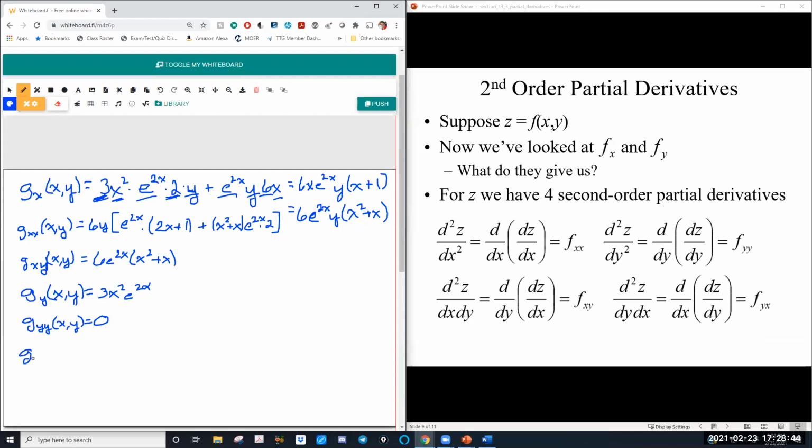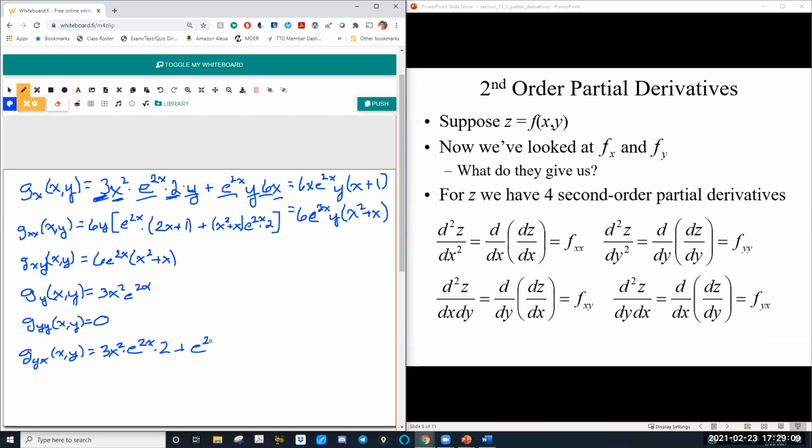Now we have one other mixed order partial, g sub yx. And as you can imagine, now we're going to do g sub y with respect to x. So we're running the product rule on this guy here, because now we're doing the derivative of this with respect to x. So that's 3x squared left alone, times the derivative of e to the 2x, which is e to the 2x times 2.